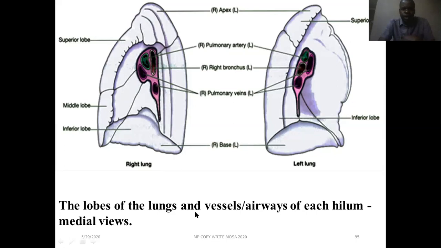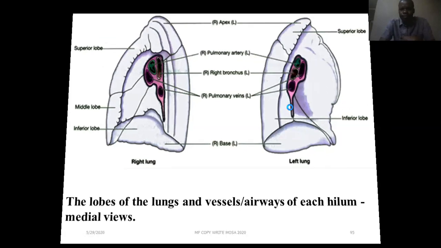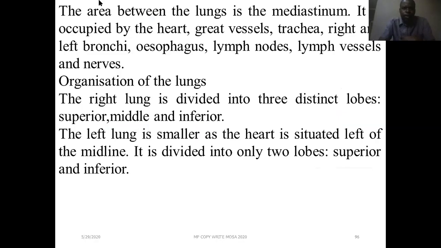The lobes of the lungs and vessels and airways at each hilum, medial view. So this is what we're trying to view here, the medial view. The area between the lungs is the mediastinum.